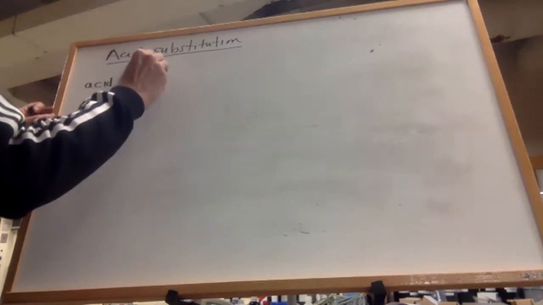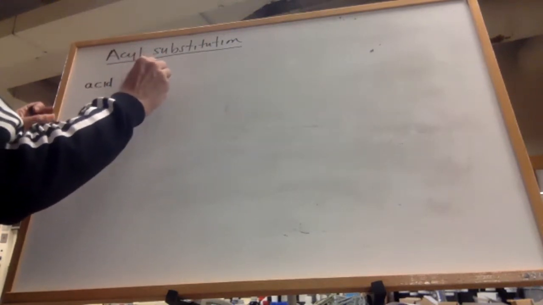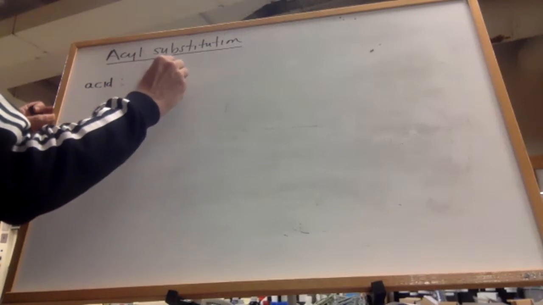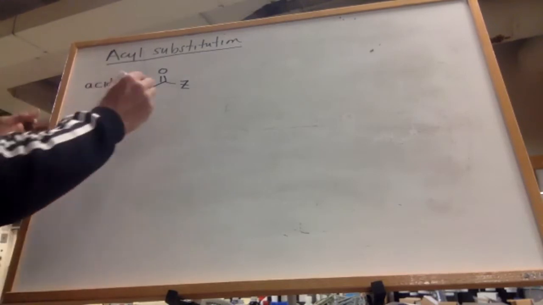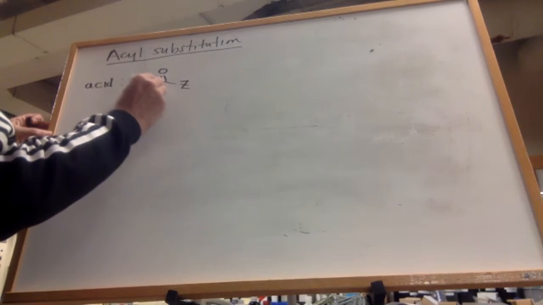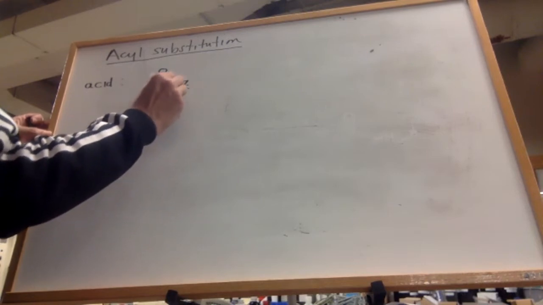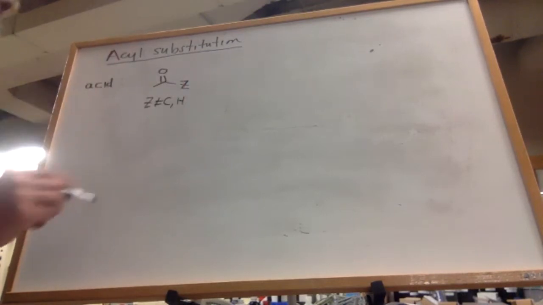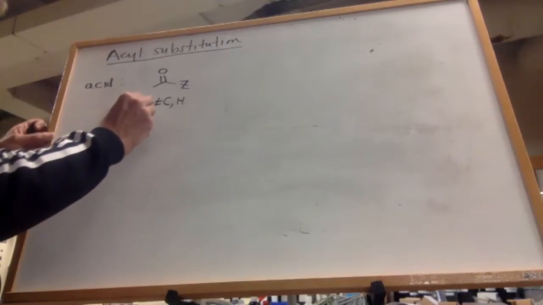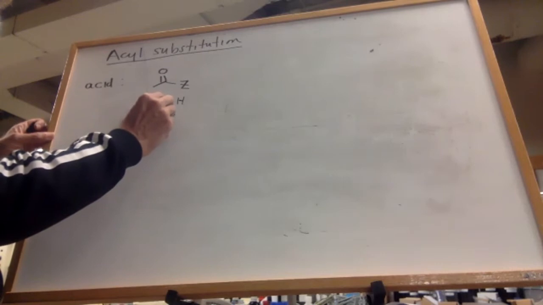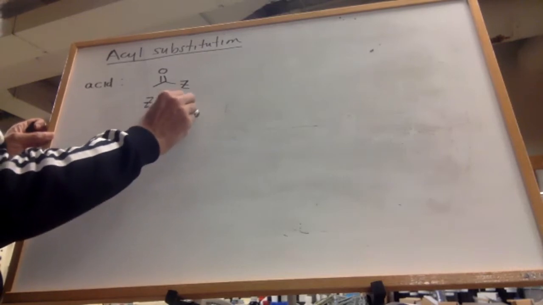There's our acyl derivative. And remember this Z is the thing that is not carbon and not hydrogen. This is the electrophile. It's going to be attacked by nucleophiles.